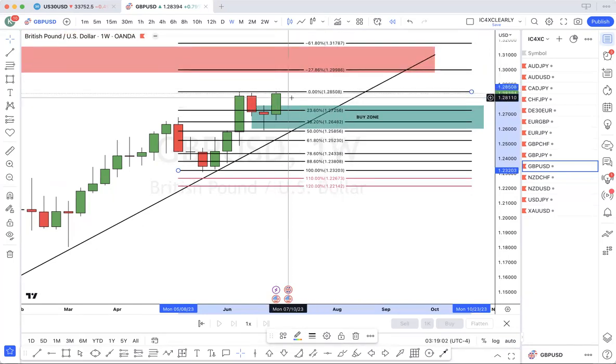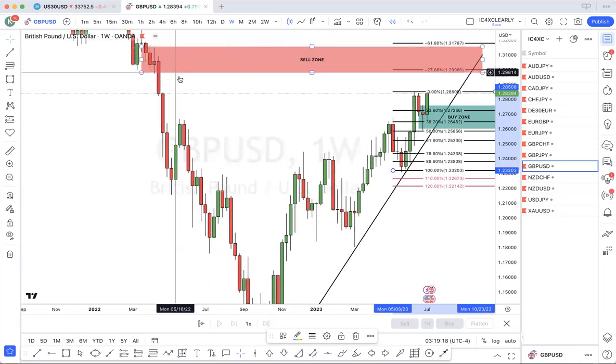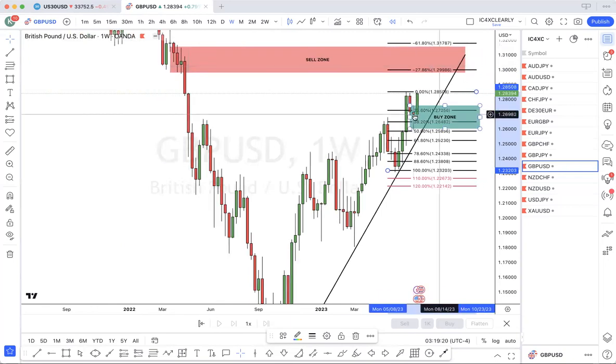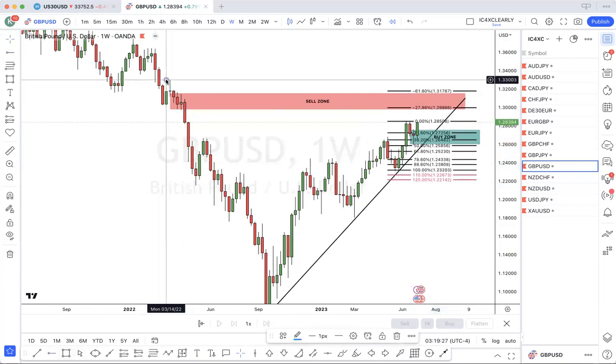So any pullback that happens here, you can take it to the negative 27. Once it gets there, you can trail your stop, because it could possibly go to the negative 61. Because even at the negative 61, it's still not breaking this swing high. So price can get up here and pull back and then continue buying some more.